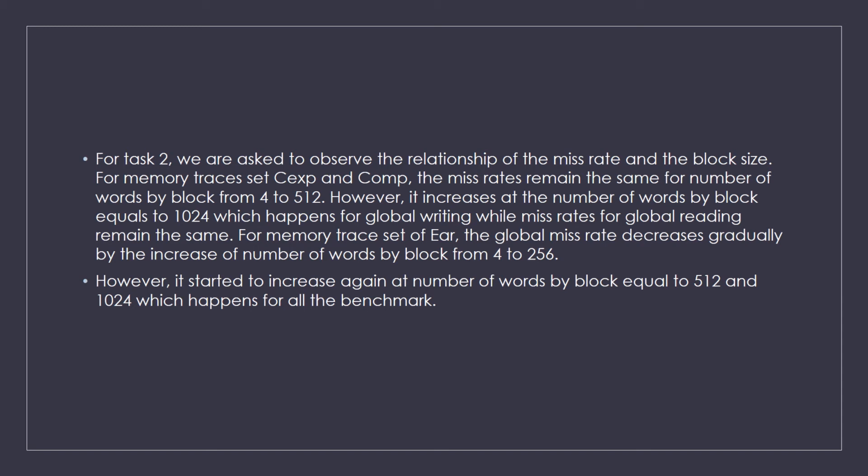For memory trace set of EAR, the global miss rate decreases gradually by the increase of number of words by block from 4 to 256. However, it started to increase again at number of words by block equal to 512 and 1024, which happens for all the benchmarks.